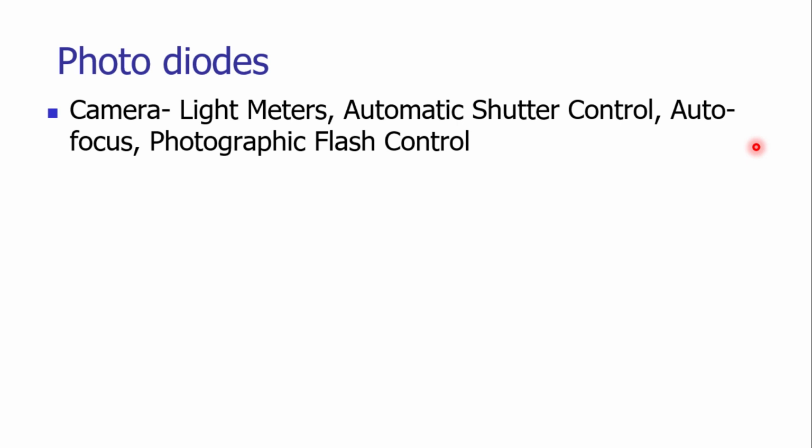Photodiodes have a variety of applications. They are primarily used in cameras for the measurement of light, to control the shutters, to carry out the autofocusing operation on the objects, and to have the flash control.